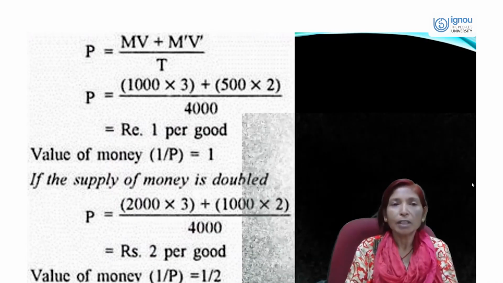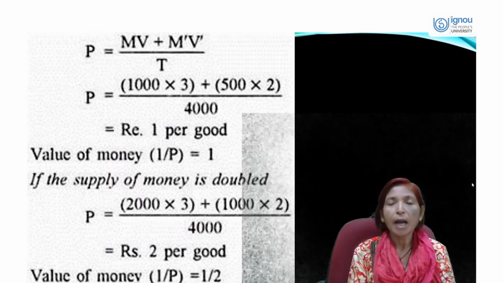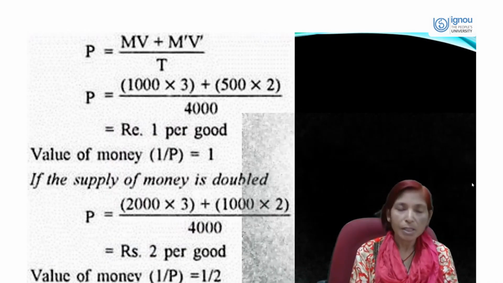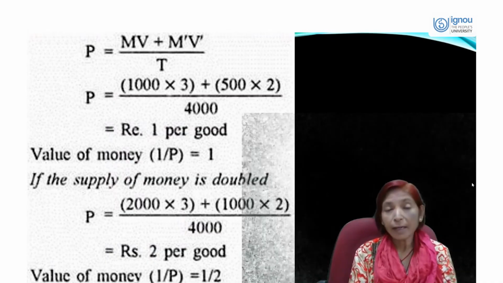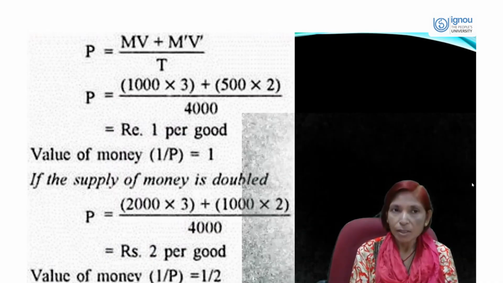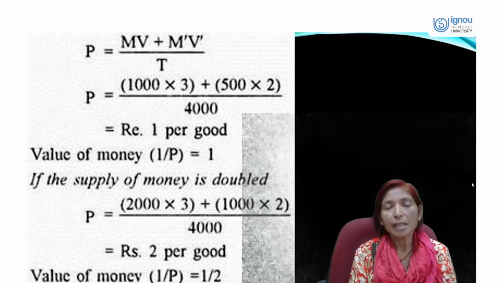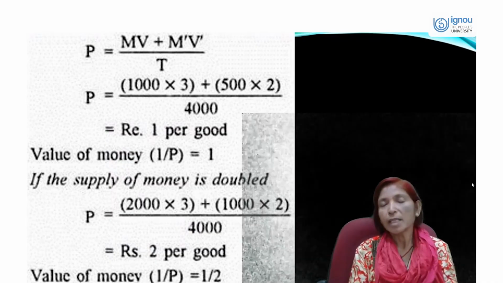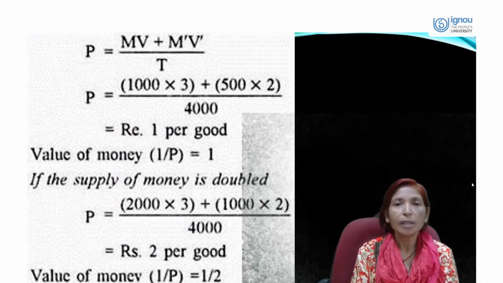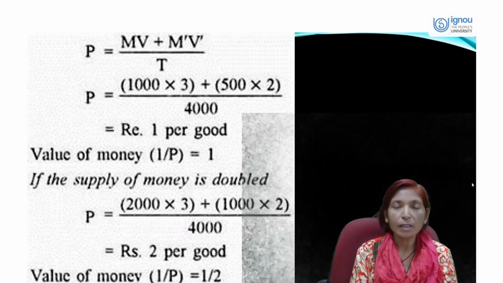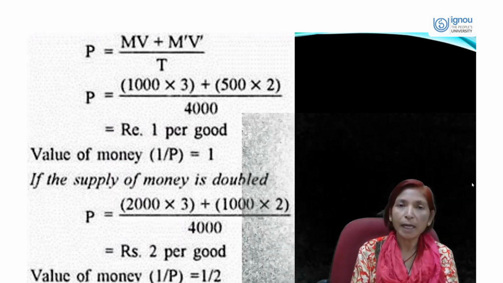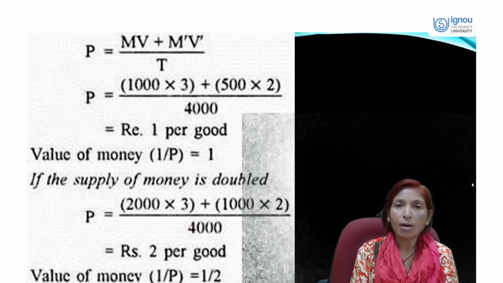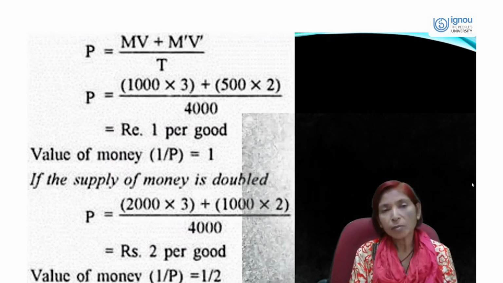This modified equation includes M' and V' according to other economists' suggestions. They said that money supply can change, so how can we say that money supply is constant? If there is any change in money supply, you should also include it in your equation. That's why Fisher included this change in money supply, denoted by M'. And velocity of money, or circulated money, can also change.